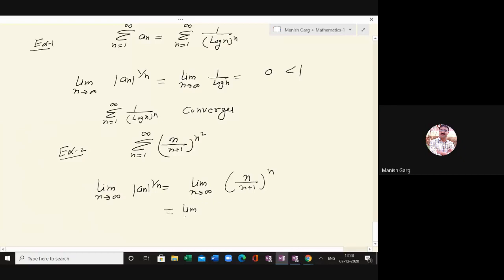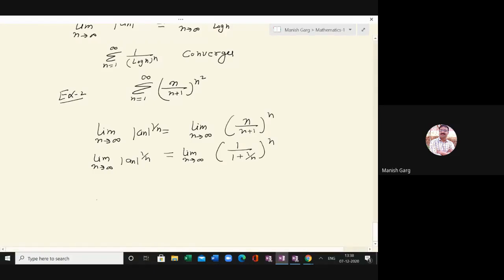Or you can write this as limit n tends to infinity 1 upon 1 plus 1 by n, whole to the power n. Take common and cancel out. So finally, limit n tends to infinity of mod a_n to the power 1 by n is limit n tends to infinity 1 upon 1 plus 1 by n whole to the power n. So this is 1 by e, which is less than 1.